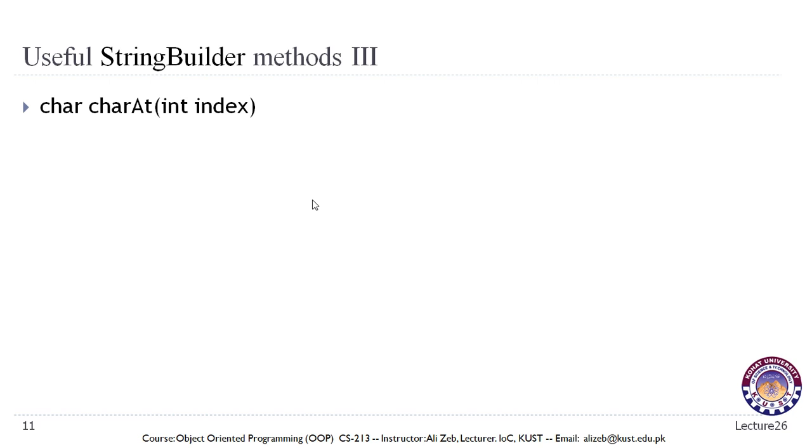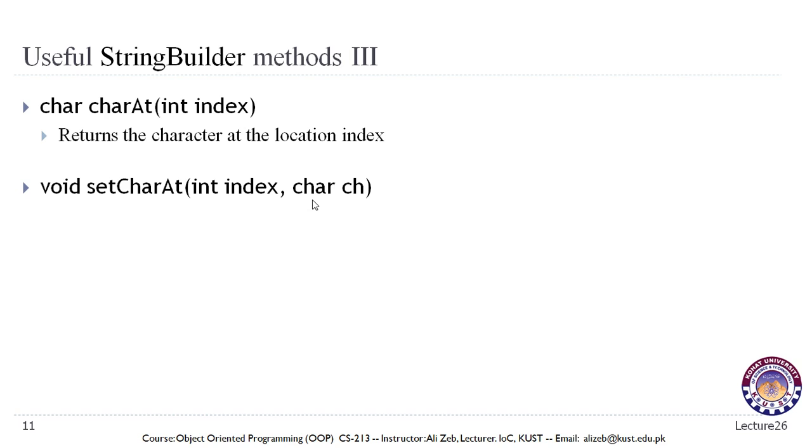We have a charAt method. We pass an index to that method, and it returns the character at that index location. It works the same as the method with strings that returns the location of a certain character from the string.